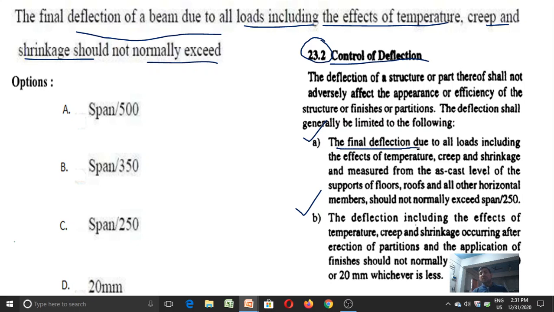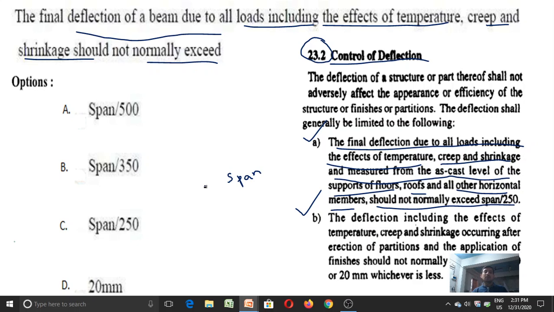The final deflection due to all loads, the effect of temperature, creep and shrinkage, and measured from the as-cast level of the supports of floors, roofs and all horizontal members should not normally exceed span by 250. What is that? Span by 250.